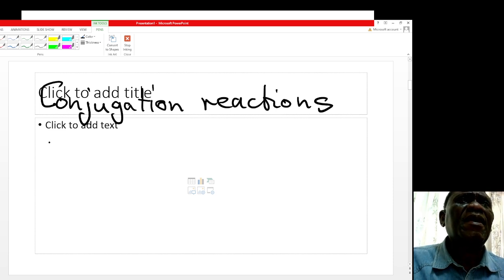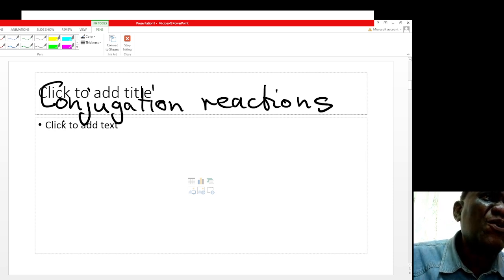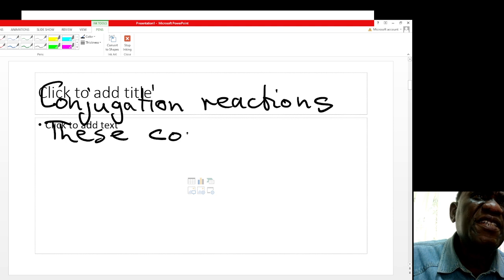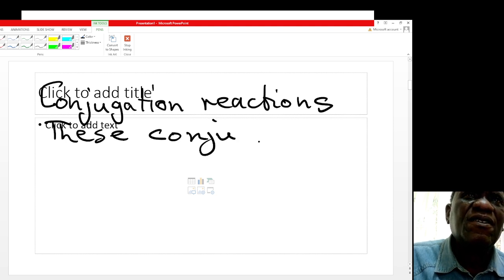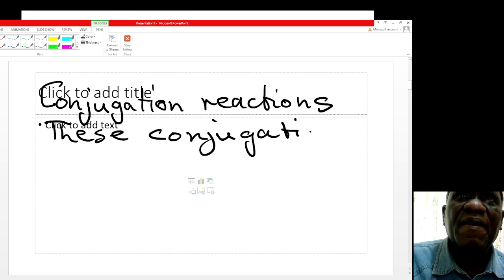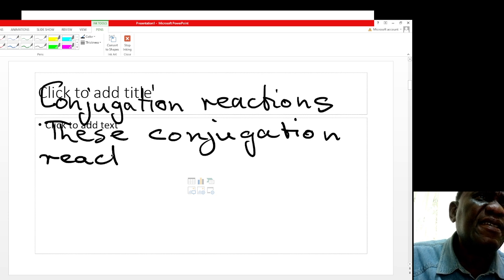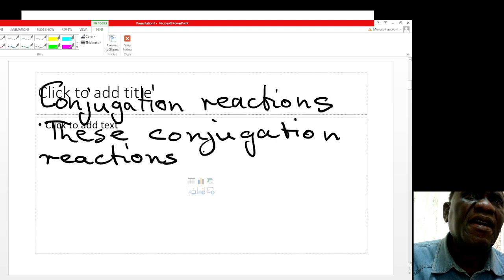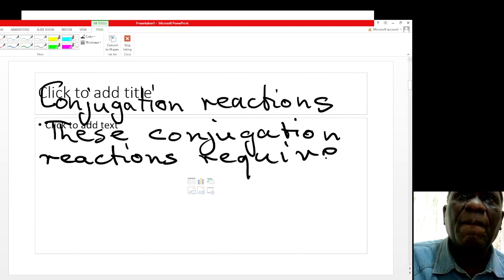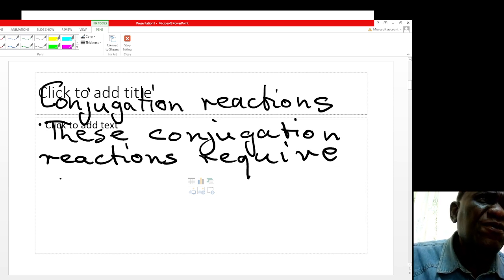These conjugation reactions require the following agents.